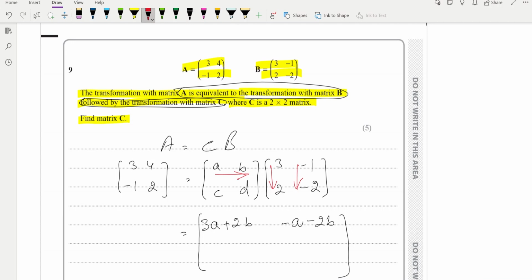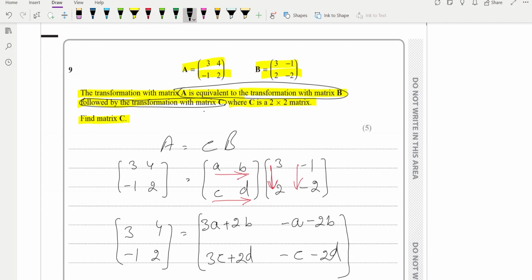Now we can use the second row and first column, so it will be c into 3 will be 3c and plus 2d, and the second row second column will be minus c and minus 2d, and this side will be as it is, 3, minus 1, 4 and 2.